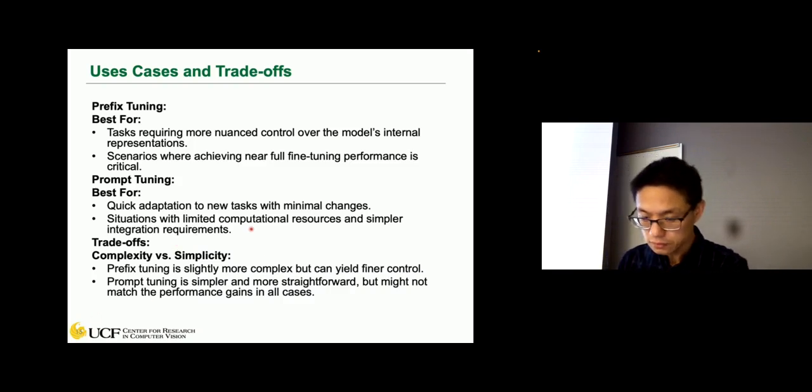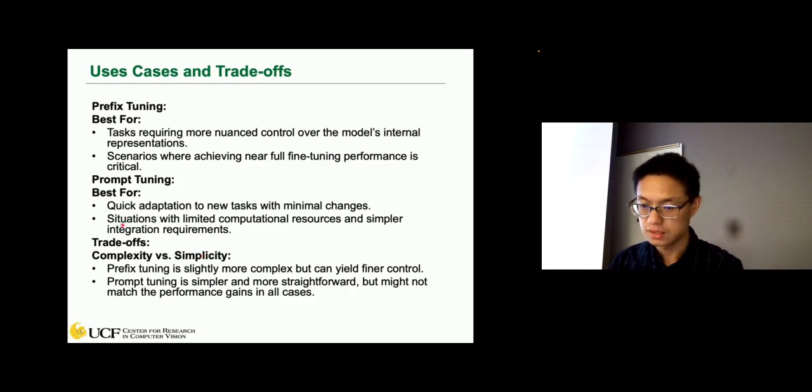Something to consider when you select prefix tuning or prompt tuning is complexity versus simplicity. It also depends on your tuning budget, meaning how much computation or memory you have.